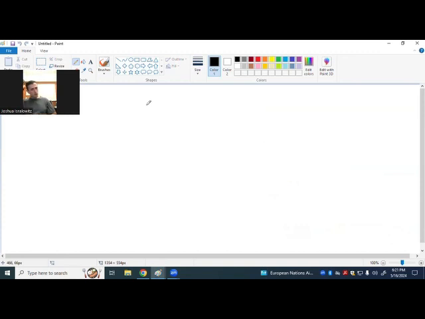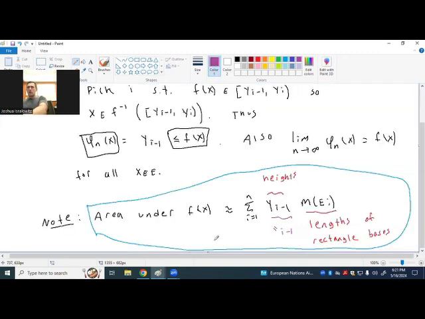One thing here, it's reasonable to think that this here is the integral of the simple function phi n.